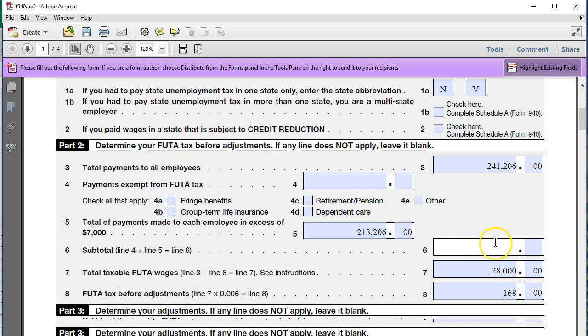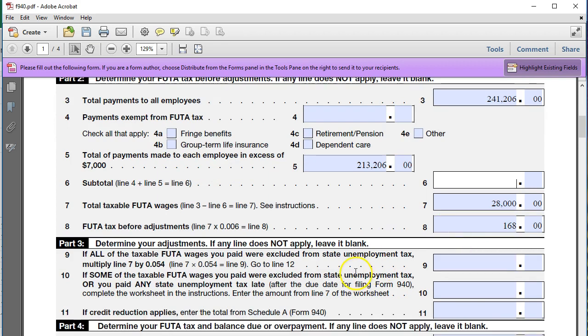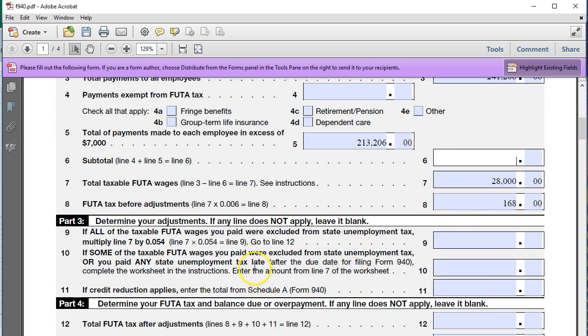If we scroll down, then we have part 3, if there are any adjustments. If all of the taxable FUTA wages you paid were excluded from the state unemployment tax, multiply here. Meaning if you weren't subject to state tax and you didn't pay the state tax, in essence, you'd have to pay a higher FUTA tax. Remember, they're linked. For most practical purposes, it's this low rate for FUTA because SUTA taxes are paid.